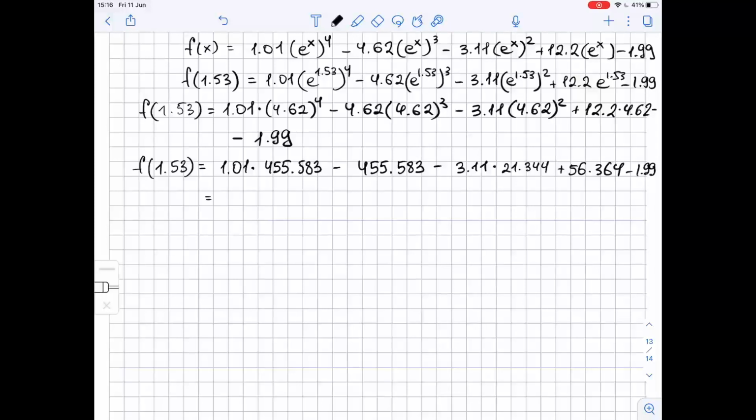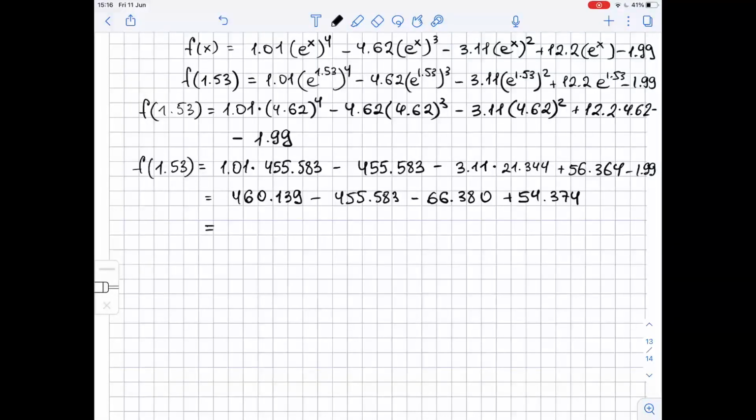Well, now let's find this value. So the first part will be equal to 460.139 minus 455.583 minus 66.380 plus 54.374.